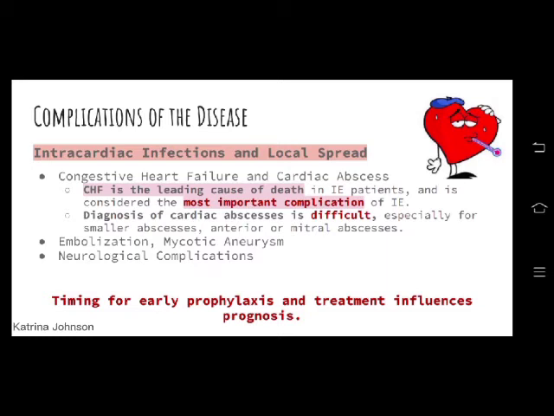So systemic embolism is more common in fungi-related infective endocarditis. And left-sided infective endocarditis patients are actually more associated with hepatosplenic embolization or renal embolization.